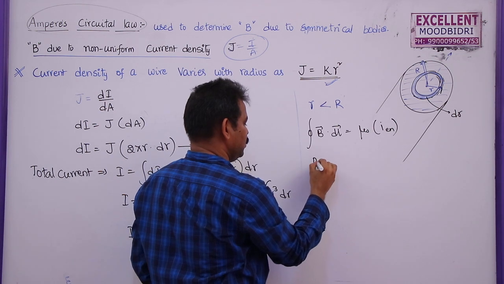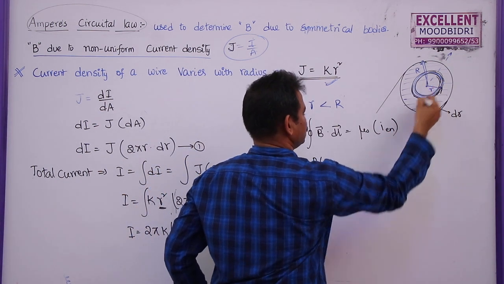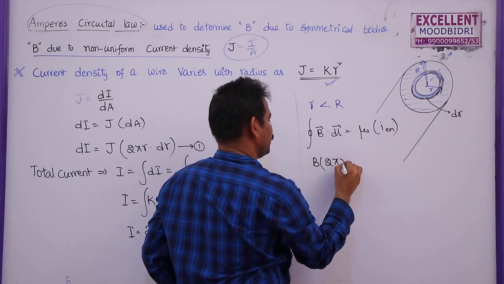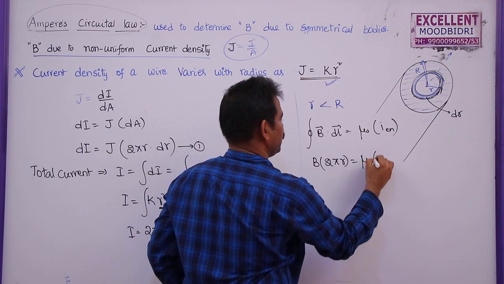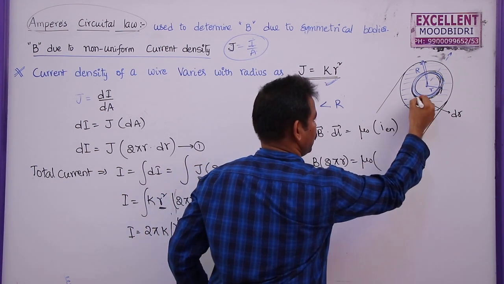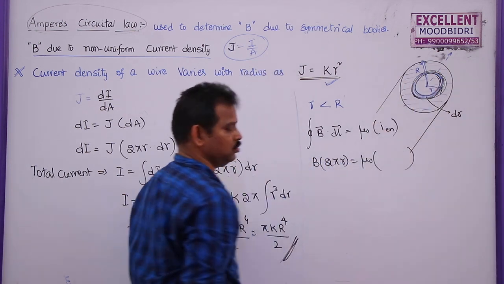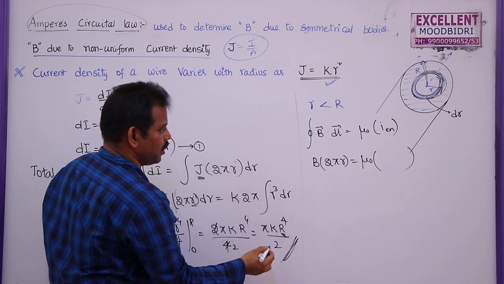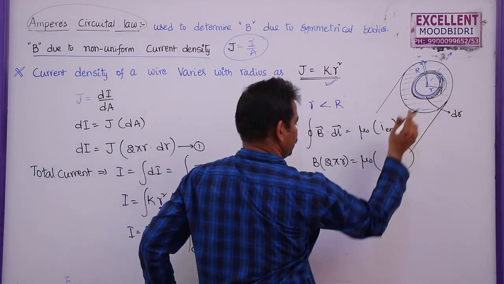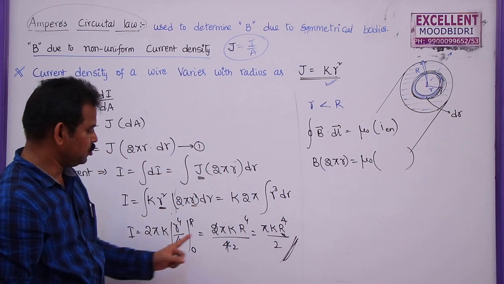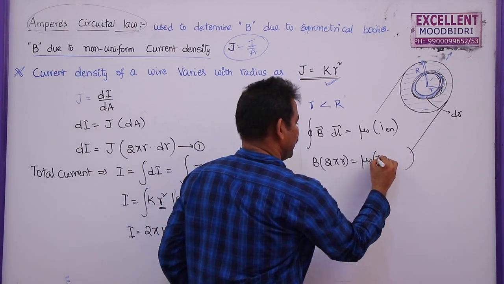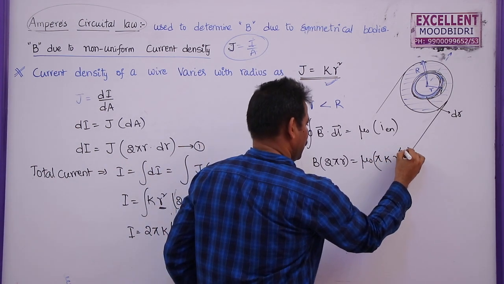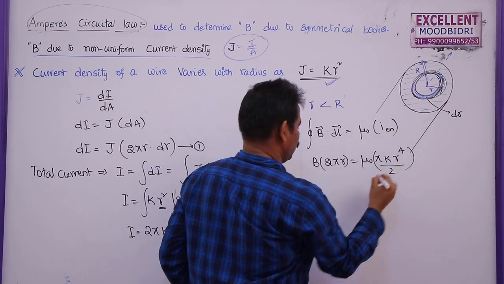So this is B into the circumference of the circle, 2 pi r, equal to mu naught into the current through this area only. So just replace capital R with small r. Why? Because the radius of this region is small r here. So the total current within that is pi k r to the power 4 by 2.